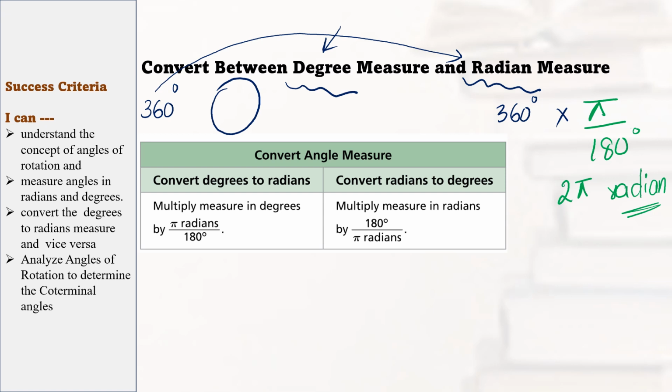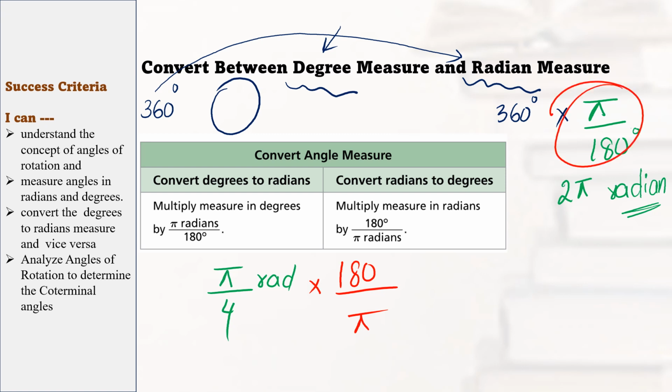Now similarly, if I already have radians, let's suppose I have pi over 4, and someone is asking me to convert it into degrees, I can go back to degrees by multiplying by 180 over pi.